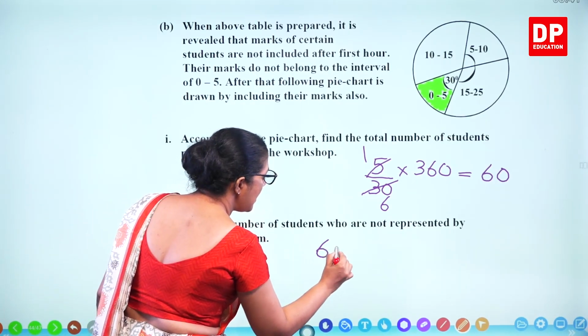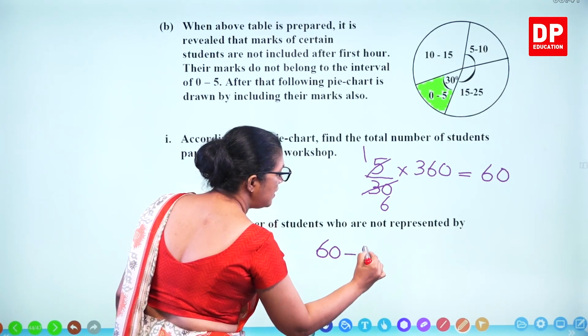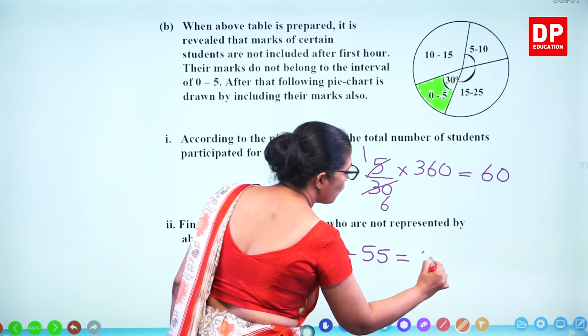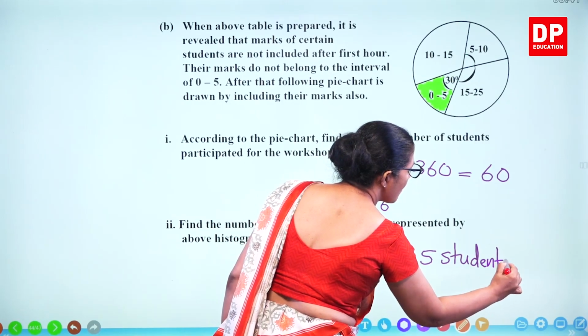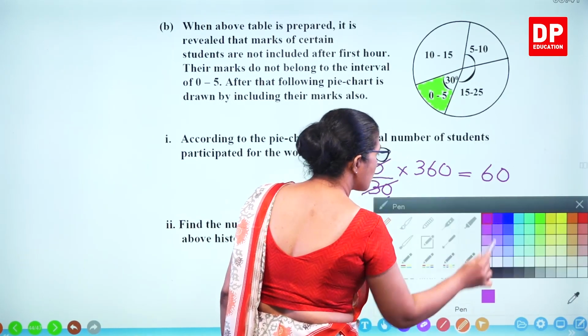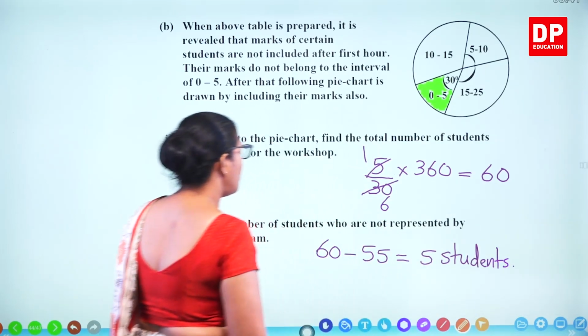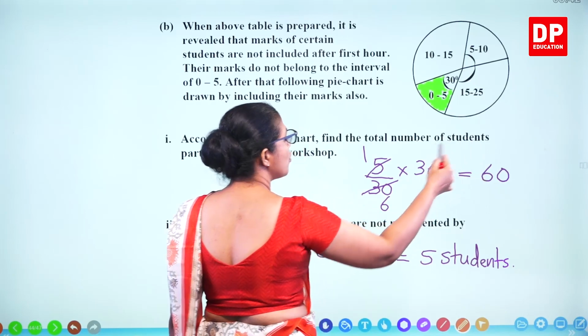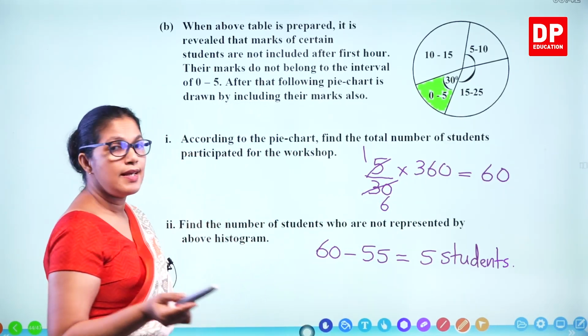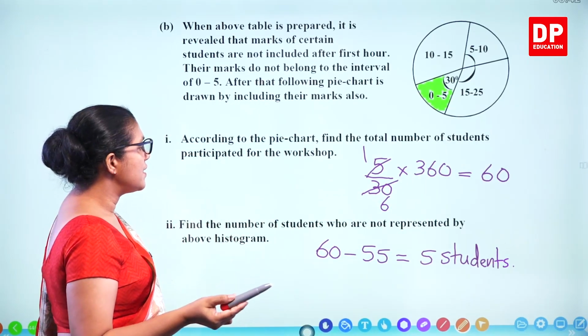So 60 now and earlier 55, so 5 students are not there. 5 students. So you can easily find out using the pie chart how many altogether. That's 60. 60 minus 55 is 5.